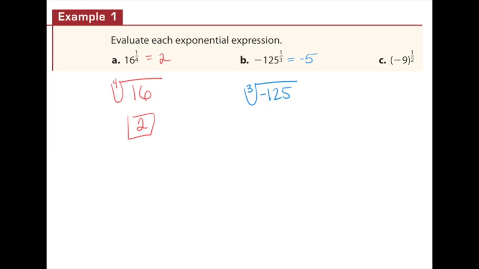Negative 9 to the 1/2 is the square root of negative 9. If we are talking real numbers, then we have an issue: a negative and a root. If, however, they want me to include complex numbers, like we just talked about in the last chapter, that would be 3i.